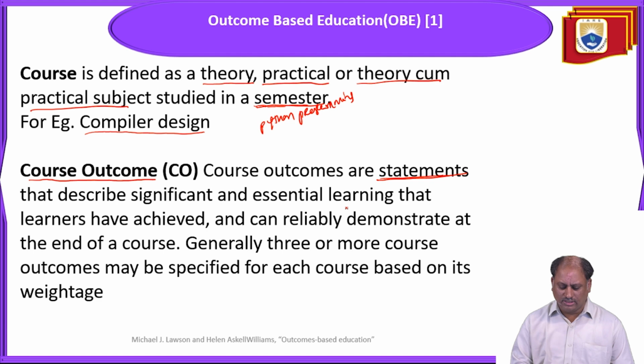That means while learning this course, some things are achieved, and at the end of the course these significant achievements are learned. Generally we write three or more course outcomes for each course based on its weightage, 3 to 6 can be written.